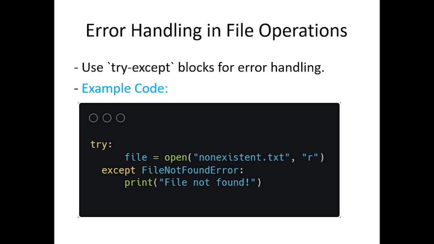In the try section we have written file is equal to open, then the file name in the read mode, then in the except block we have written FileNotFoundError. It's a standard error, file not found, so it will print file not found. If the file does not exist, then it will print simply this error. So whatever operation you want to perform, write it in the try block. In the except it will handle the file error.